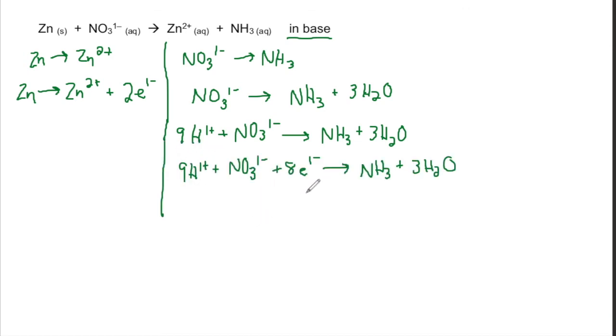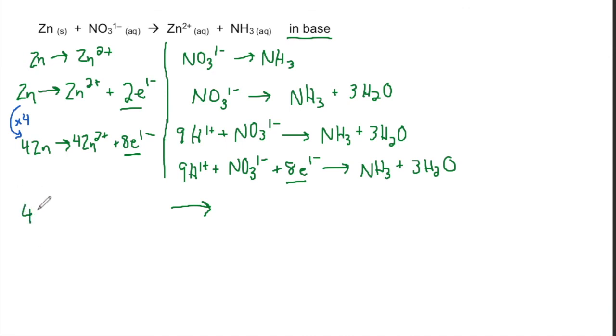Now the next step is to multiply the half reactions if necessary to get the electrons to match, and that is necessary. We're going to have to multiply this equation by 4 so that we can have 8 electrons and match the other one. That gives us 4 zinc atoms going to 4 zinc ions and 8 electrons. Now that the electrons match, we can add them back together.